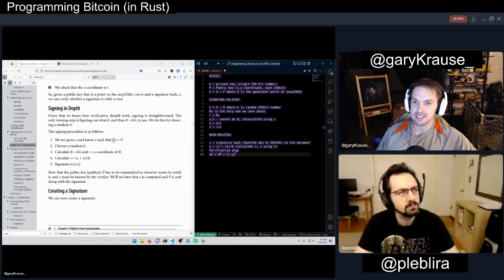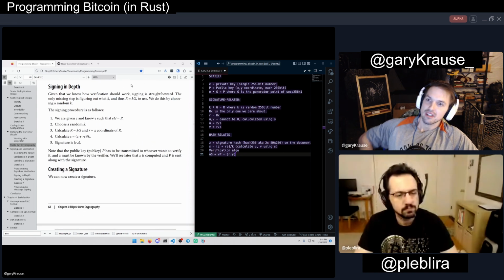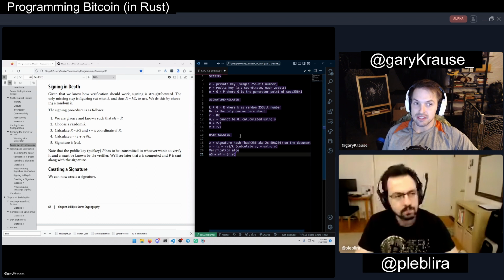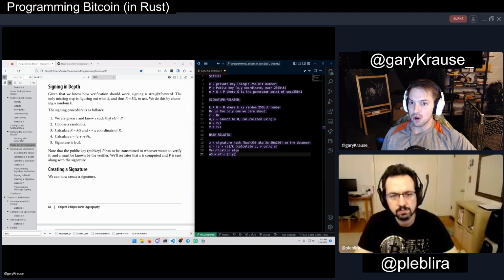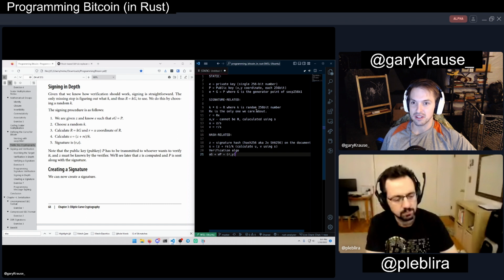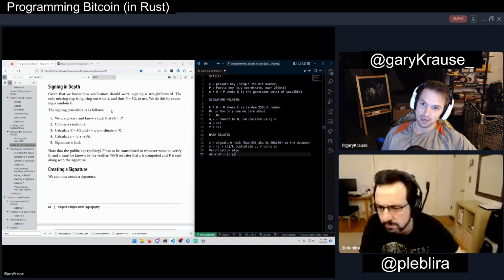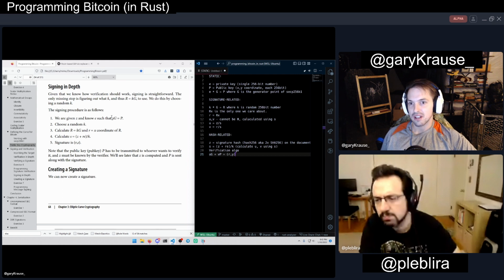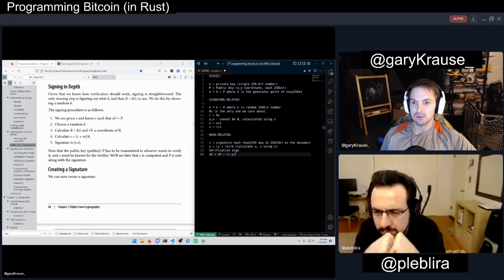But it talks about signing. We start with a signature hash of the document we are signing, and we know e, because that's our private key. And so we choose a random k, which is a random 256-bit number. Then we calculate R, which is k times the generator point, and that's how we derive the lowercase r.